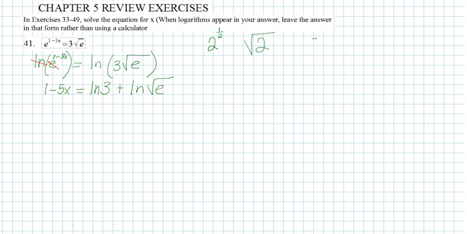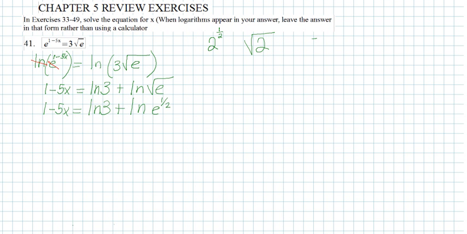So basically what I'm saying is that you can substitute the radical, square root, with 1/2. So that means I can have this: 1 minus 5x equals natural logarithm of 3 plus the natural logarithm of e raised to the 1/2.